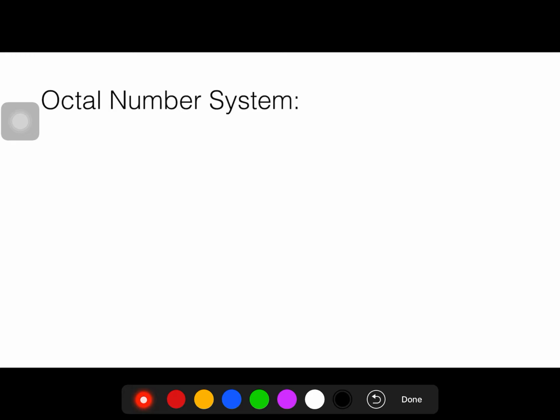Now the octal number system. We have discussed the binary number system, the conversion from decimal to binary, then from binary to decimal. Now for the octal number system, why is the octal number system needed in the first place? Suppose we have a number 313.